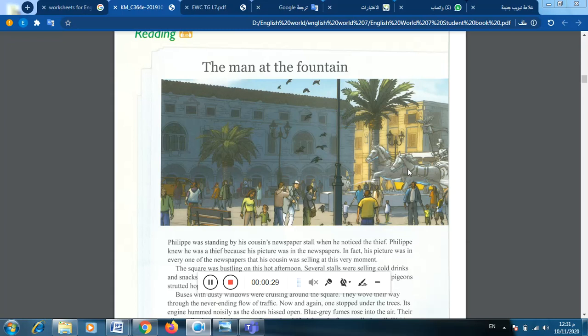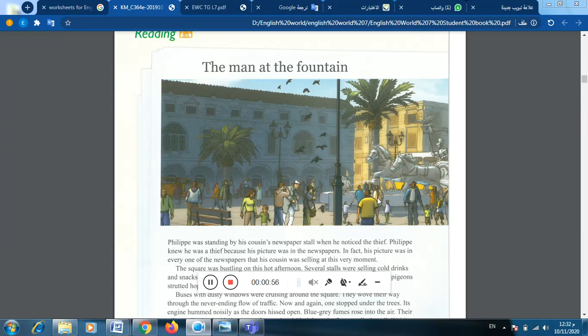Two horses and also birds, pigeons, okay, are flying over there. And also this place is full of people, okay. And in the middle we can see a fountain, okay. Look here, there is a fountain.